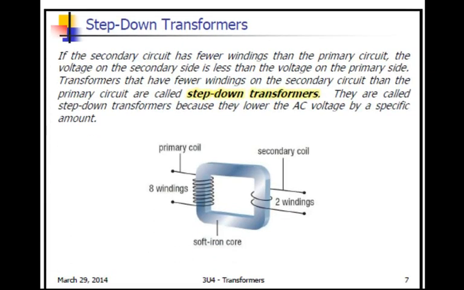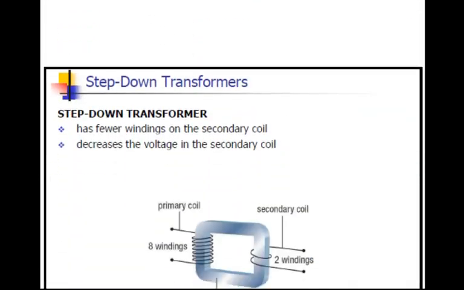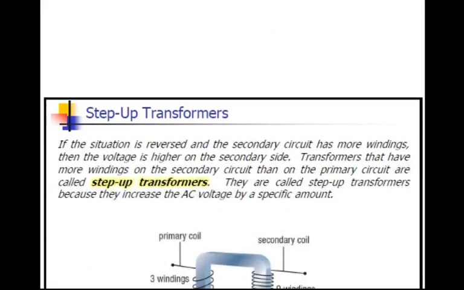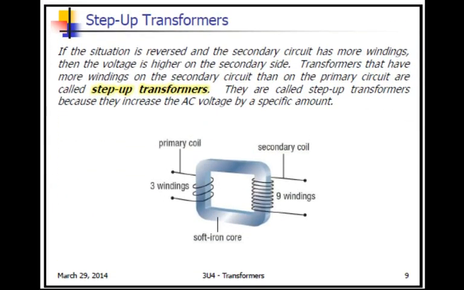So let's look at a step-down transformer. This is one where we have more windings on the primary side and fewer windings on the secondary side. So a step-down transformer decreases the voltage in the secondary coil. Then we have a step-up transformer. This is where we have more windings on the secondary coil and fewer on the primary side.